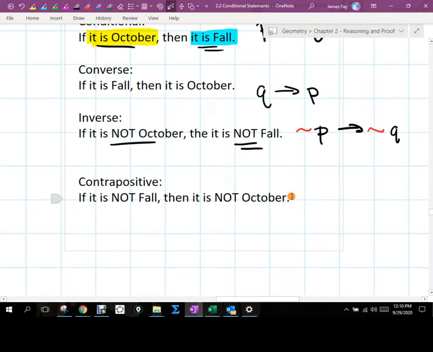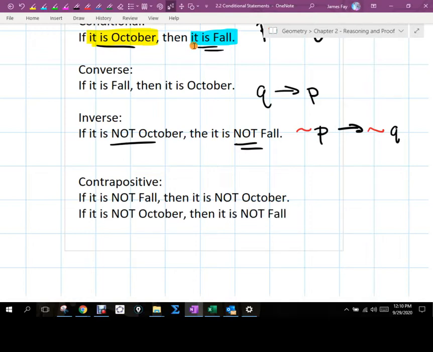Or I could have written it this way. I could have said, well, I'm going to start with this one here and say, if it is not October, then it is not fall. And that's just creating the inverse, right?